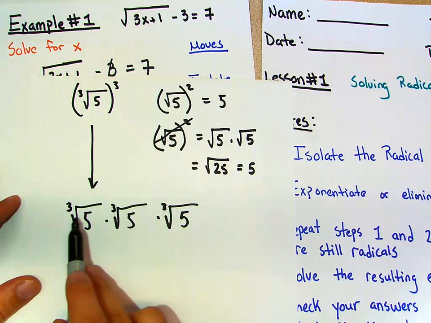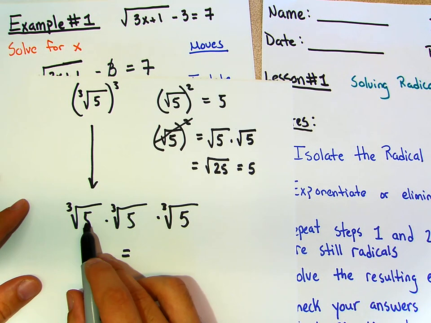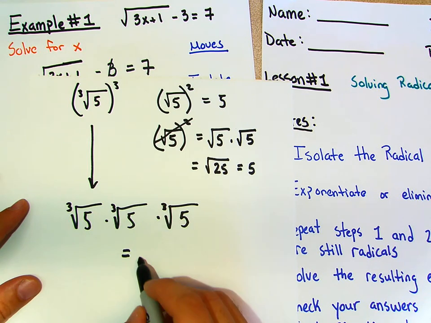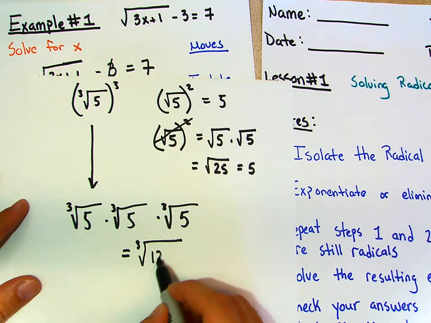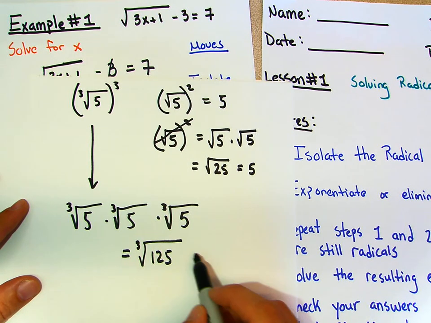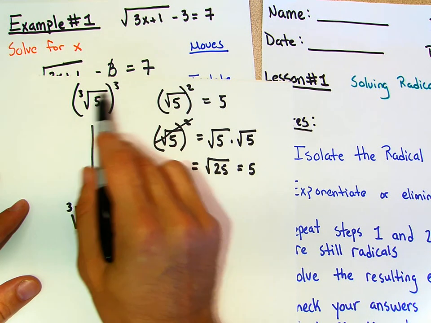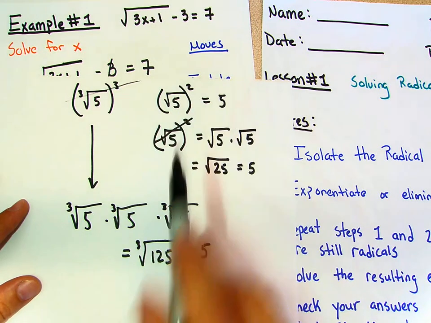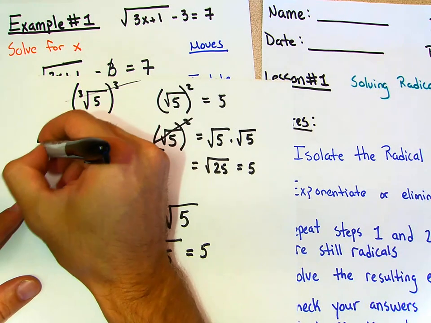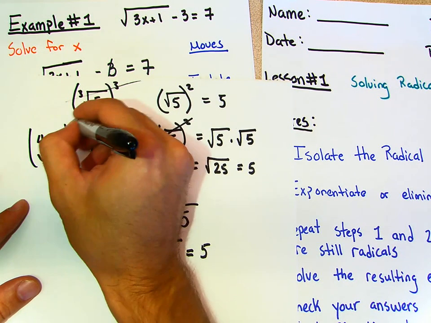But then this is equal to what? What's 5 times 5 times 5? This is 125. And what's the cube root of 125? It's 5. So if I cube a cubic root, it cancels it, okay? Same thing if I had to the 4th and whatever, okay?